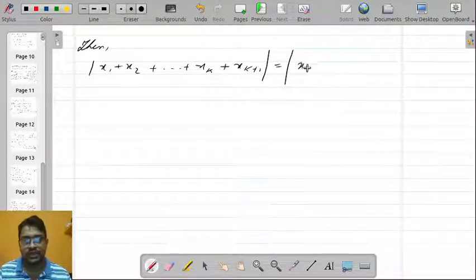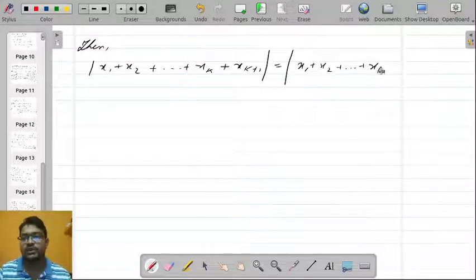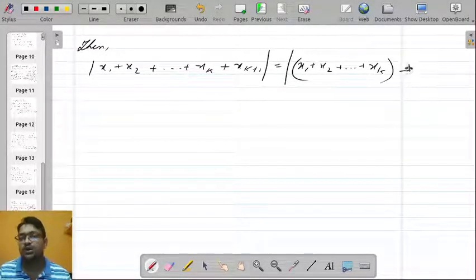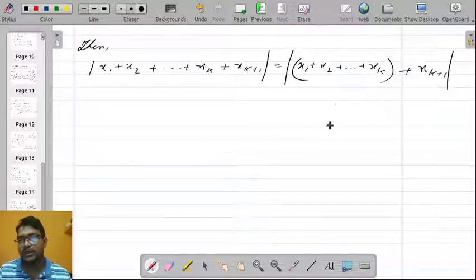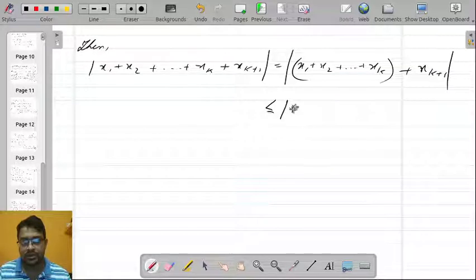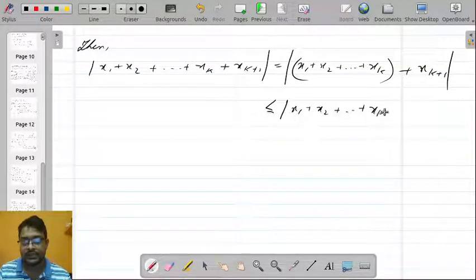So this can be written as x1 plus x2 plus, and here I have to use the associative property of the field axioms. I have grouped this together and then separated this. So this is less than or equal to mod of x1 plus x2 plus up to xk, plus mod of xk plus 1.